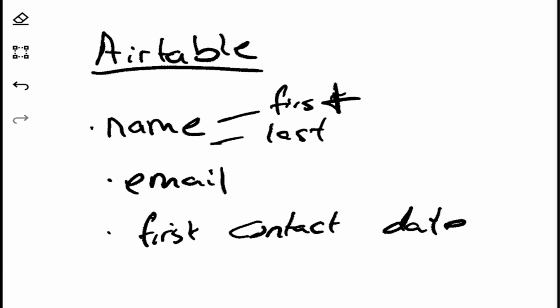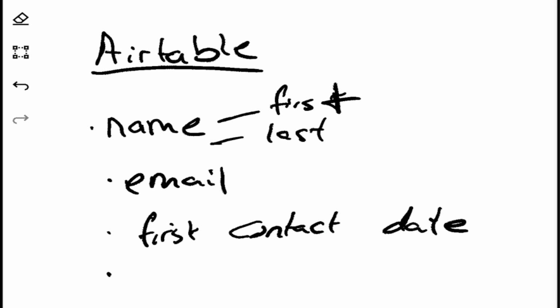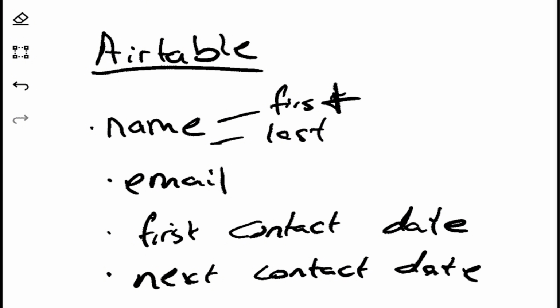I think it would be useful to have, technically you could go as deep as you want, but to keep it simple, first contact date, next contact date. We want to have the pain points, so targeting the pain points from prior interactions.